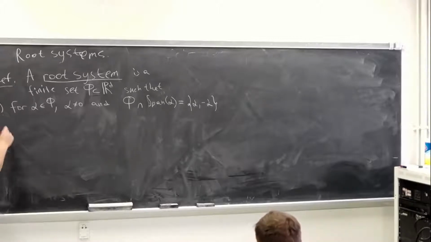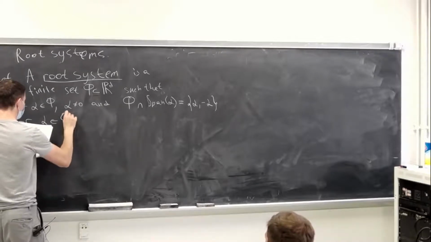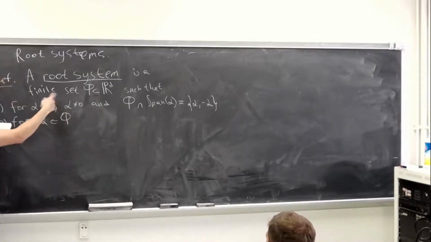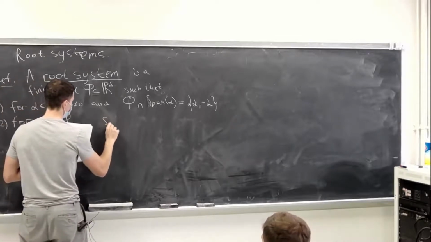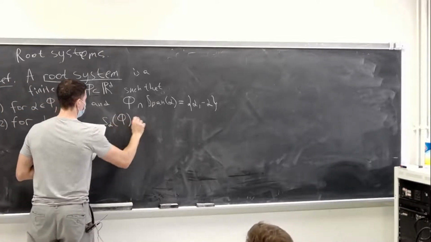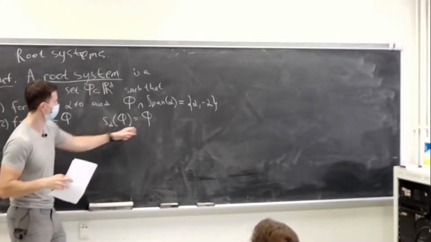The second axiom is that for alpha, these elements of Φ are called roots. For each root, the corresponding reflection preserves the root system. And that's kind of the most important condition. The more vectors you take, the more reflections you get, so the more conditions you get.